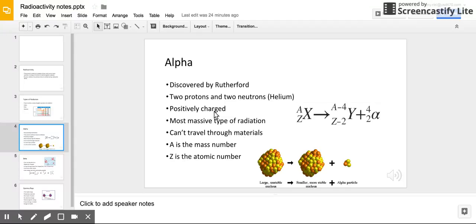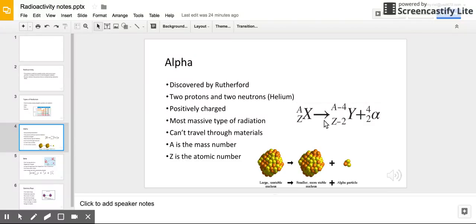It is positively charged because it doesn't have any electrons. It has a +2 charge. It's the most massive type of radiation, having a mass of 4. And it can't travel through materials because it's massive and it has a charge. It's going to interact with materials and stop very quickly.